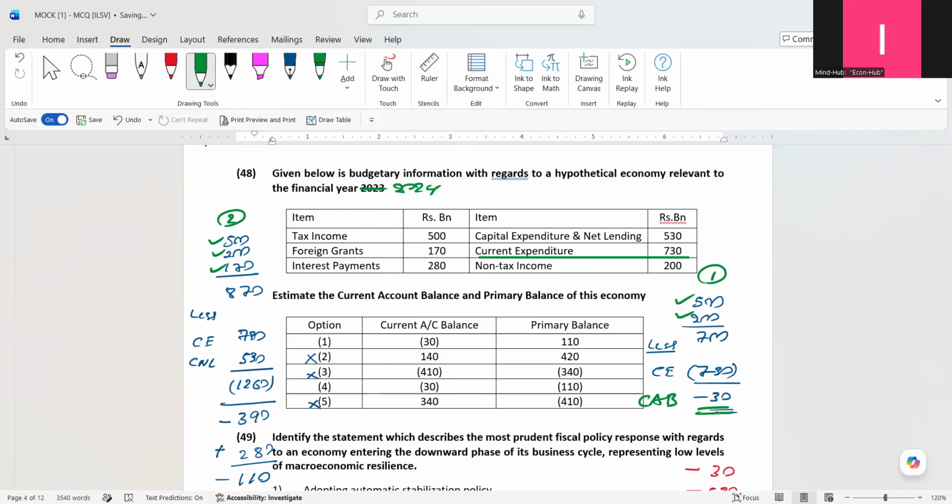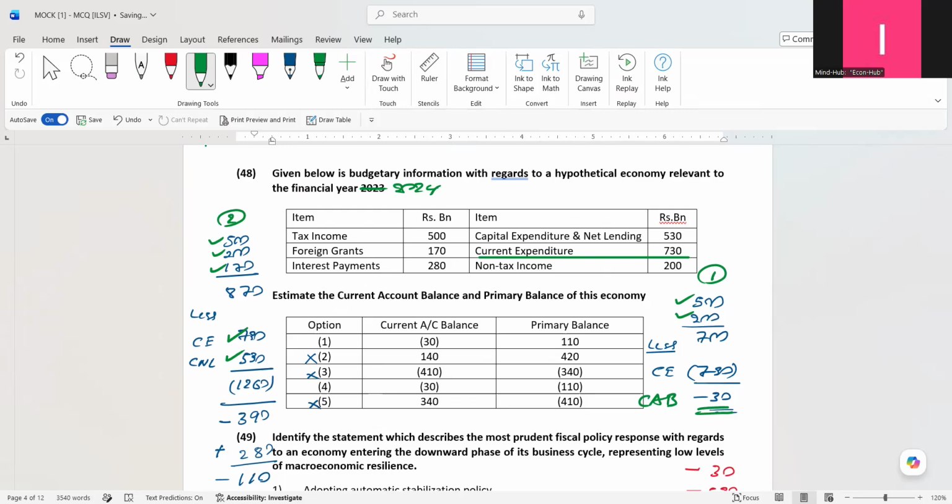Less current expenditure 730, then capital expenditure and net lendings 530. Once you take 870 and deduct all the expenditure, that is 1260, you end up with minus 390.